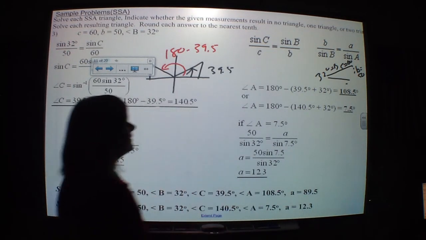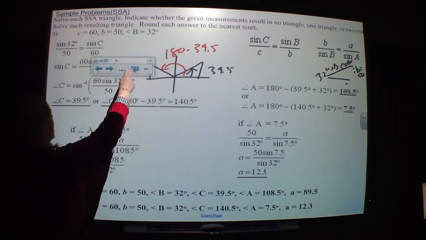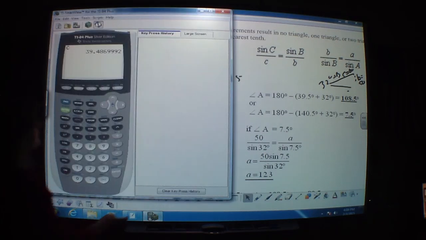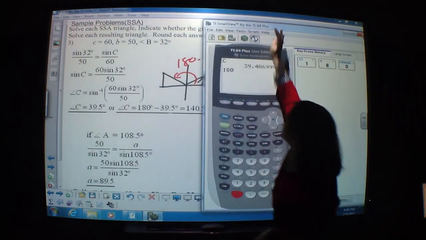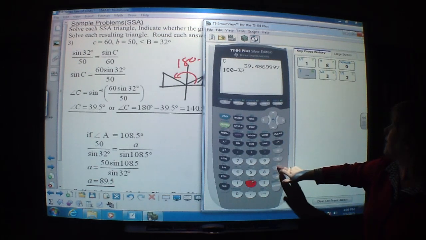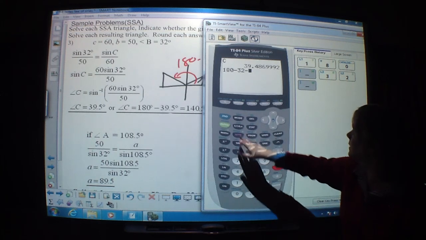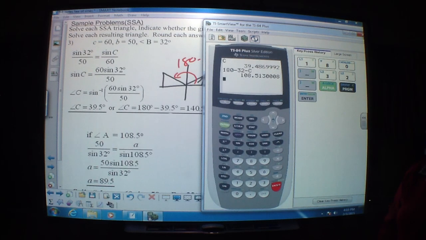And like I said, when you're doing these calculations, store them in your calculator. So I already put angle C in the calculator. I could do angle A in the calculator also. 180 minus 32 minus C. There's my 108.5.